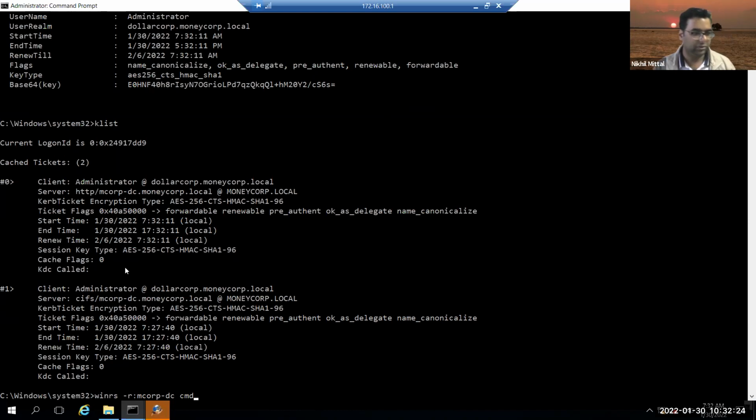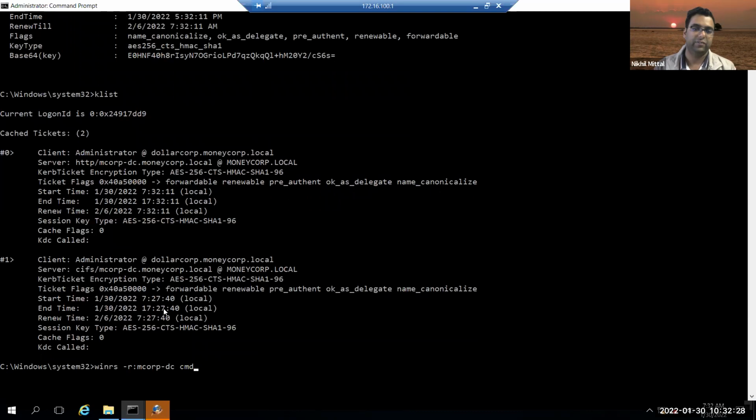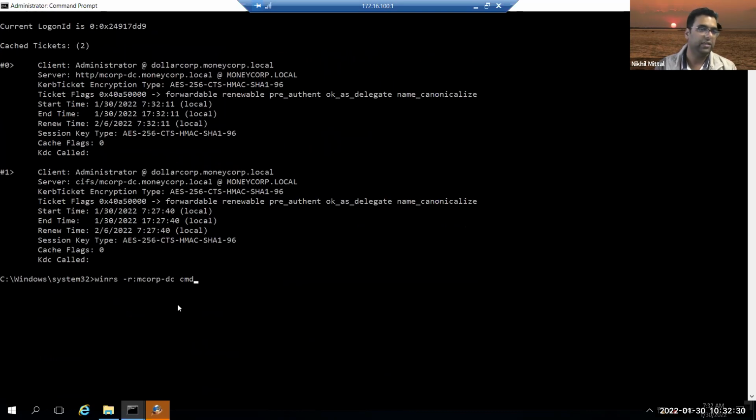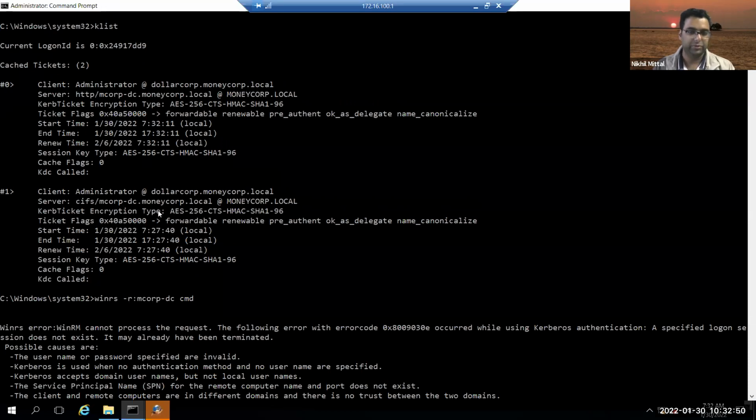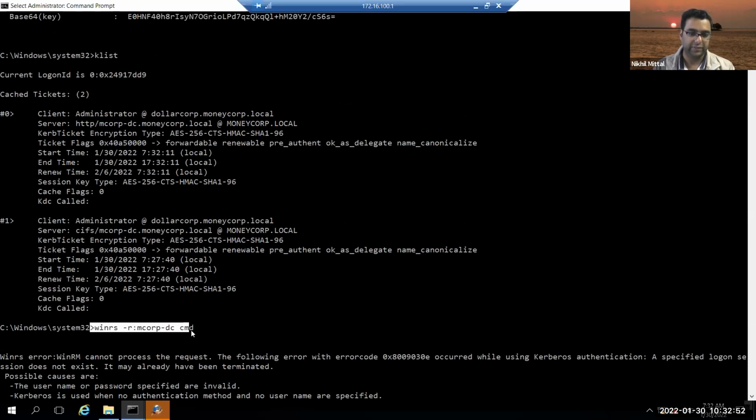The reason I was not showing this is because MCOP-DC is a Server 2016 machine, and we will get our usual error when we use a TGS for HTTP against a Server 2016 machine, something like there is no mapping between the user ID and the user ID and password. But this would work in the exam. That is why I was referring to show you that.